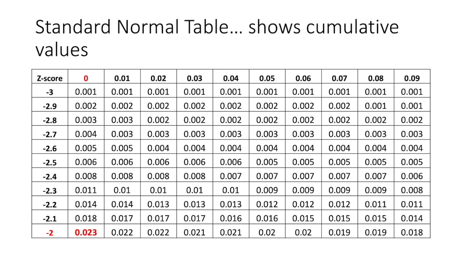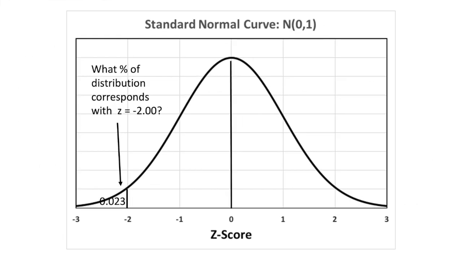It's shown here in red in the very bottom row. And that value is 0.023. So now we can go back to the standard normal curve and fill in the percentage of the distribution that corresponds with a z-score of minus 2.00, and it happens to be just over 2% of the distribution.